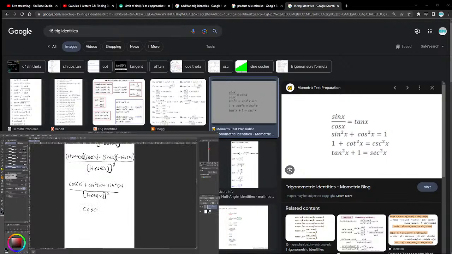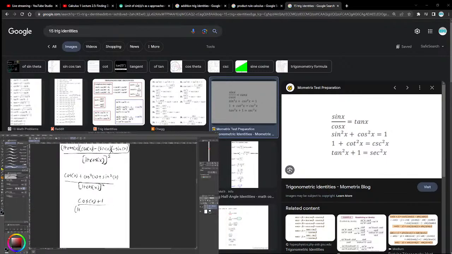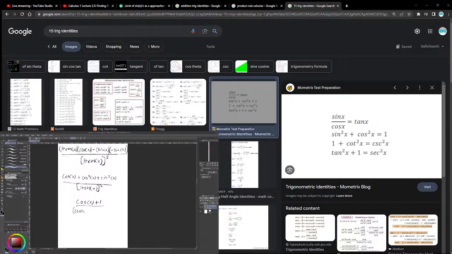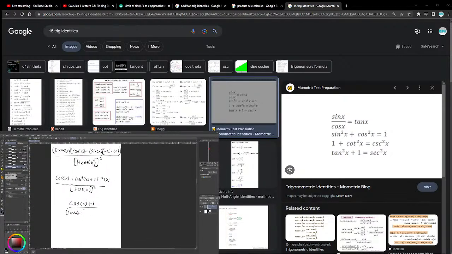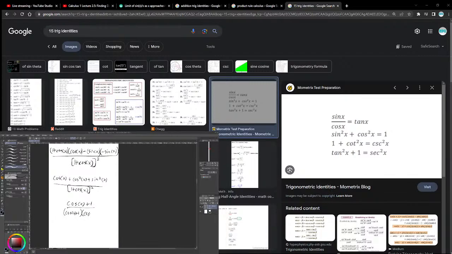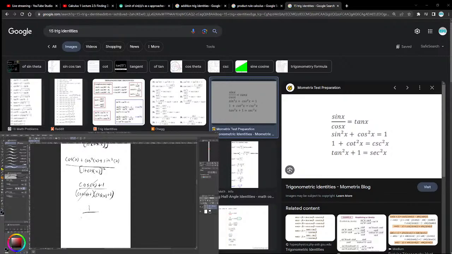So it'd be cos x plus 1 over 1 plus cos x, or cos x plus 1 to make it look better. Cancel out 1 over cos x plus 1.